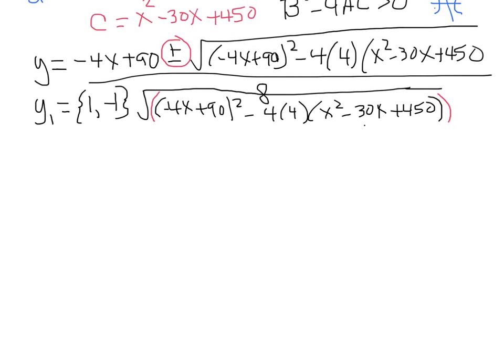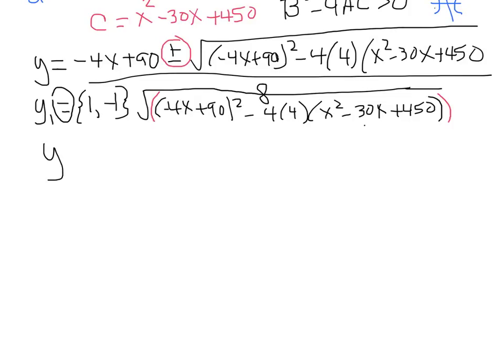Now, in your calculators, you want to hide this equal to. You don't want that to be graphed. So go up there and hit enter so it's not darkened. And then that way you won't graph that.